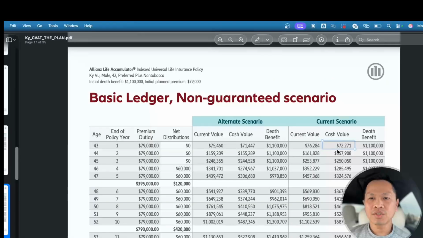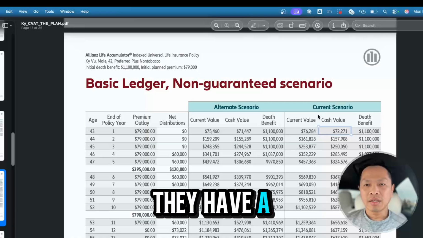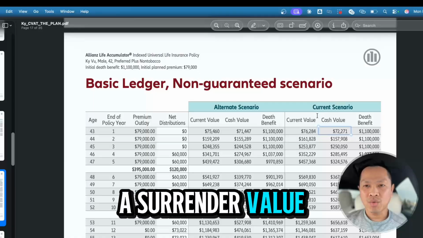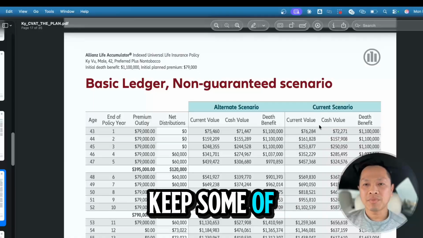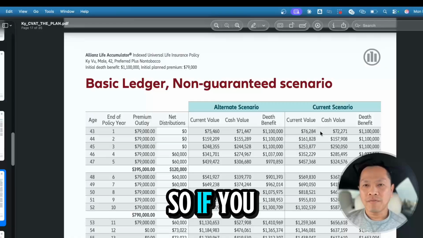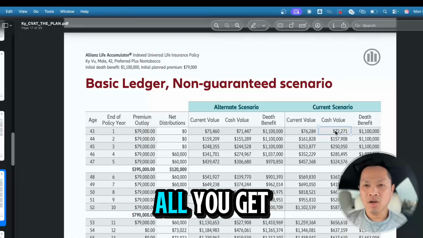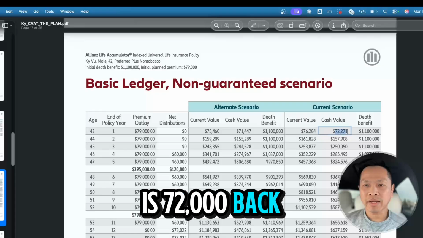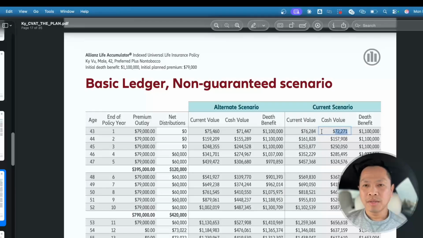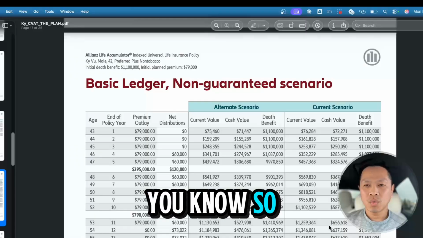With the insurance, they have what they call a surrender value. That means they keep some of that value. So if you were to cancel your policy, all you get is 72,000 back instead of 76. And that surrender value will fall off around year 10. So that's how it works.